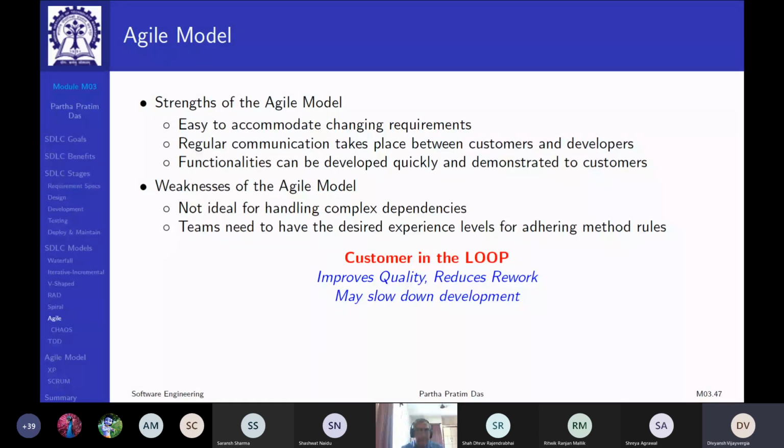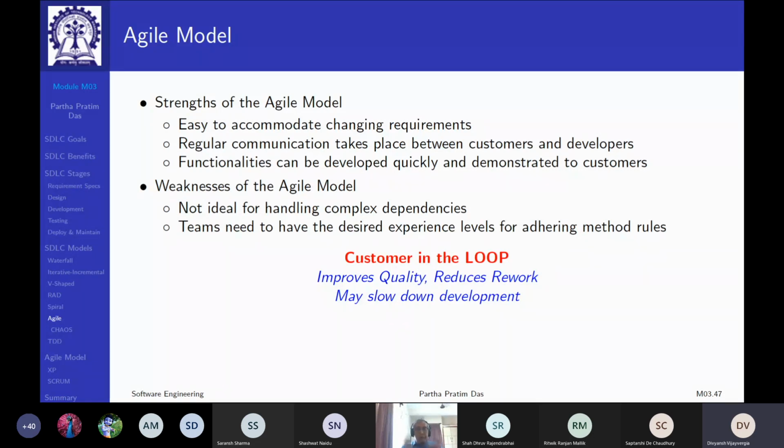So if there are complex dependencies in the project, then it's not a good method, because those dependencies need long brainstorms, long workouts, and that is not what agile really caters for.